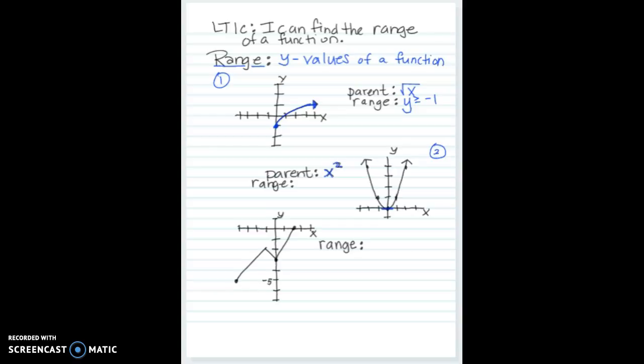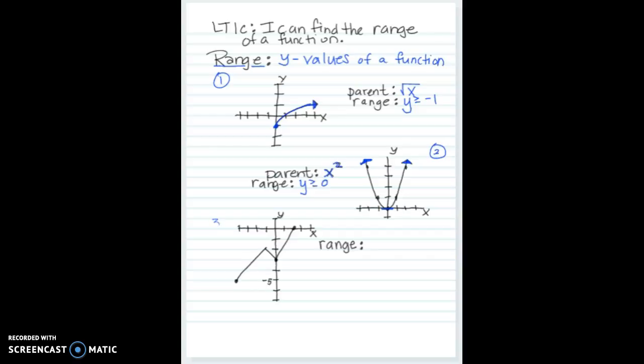And as we go to the top, we find that we actually have an arrow. We do not have a top. There are arrows here. There is no top. So it continues on forever. So my range is y is greater than or equal to 0.